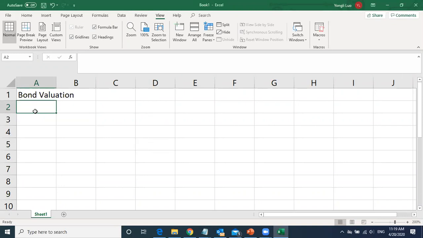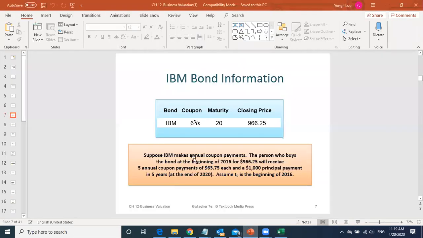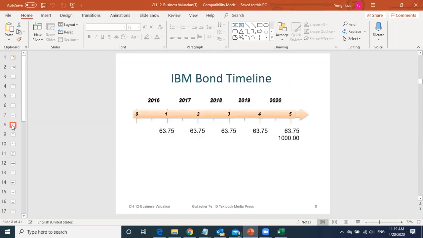Look at the three factors. We have the payment, which is this one, the coupon.